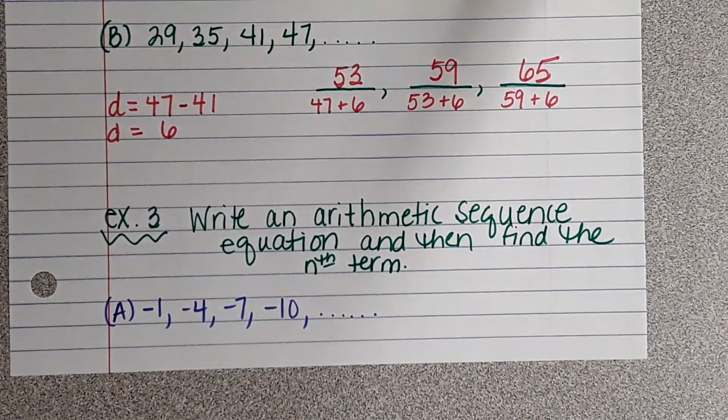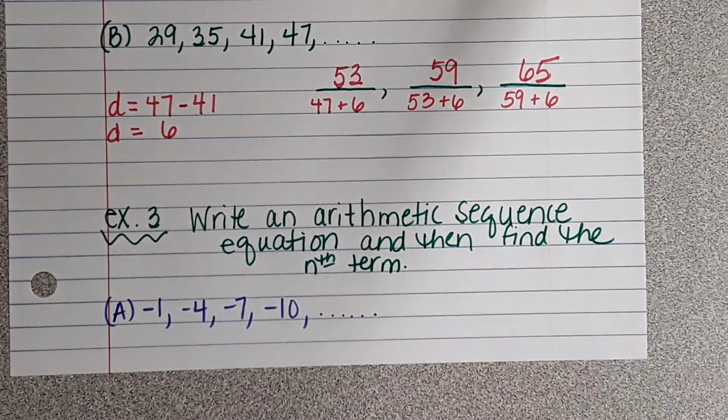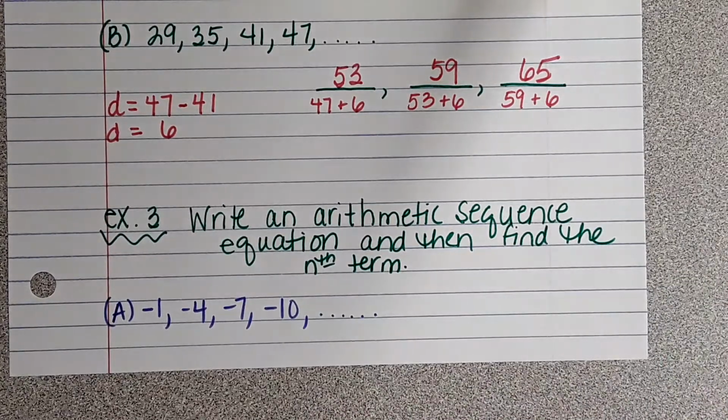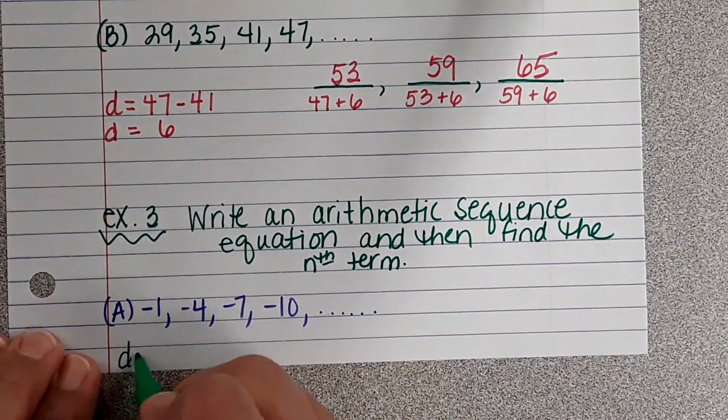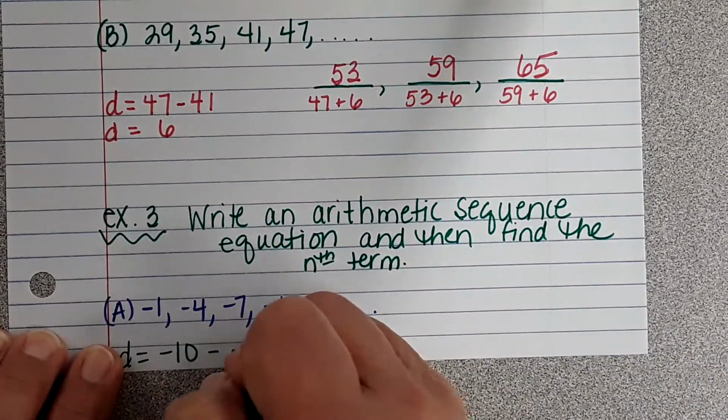To write an arithmetic sequence equation, the first thing we have to do is find the first term and the common difference. That's what we need. So how do you find the common difference? Let's find the common difference first. We're going to do -10 minus -7.